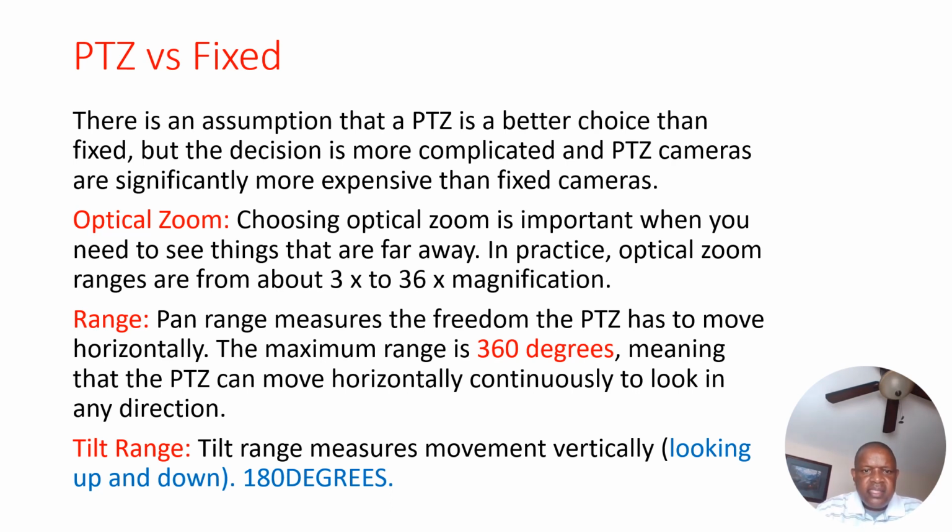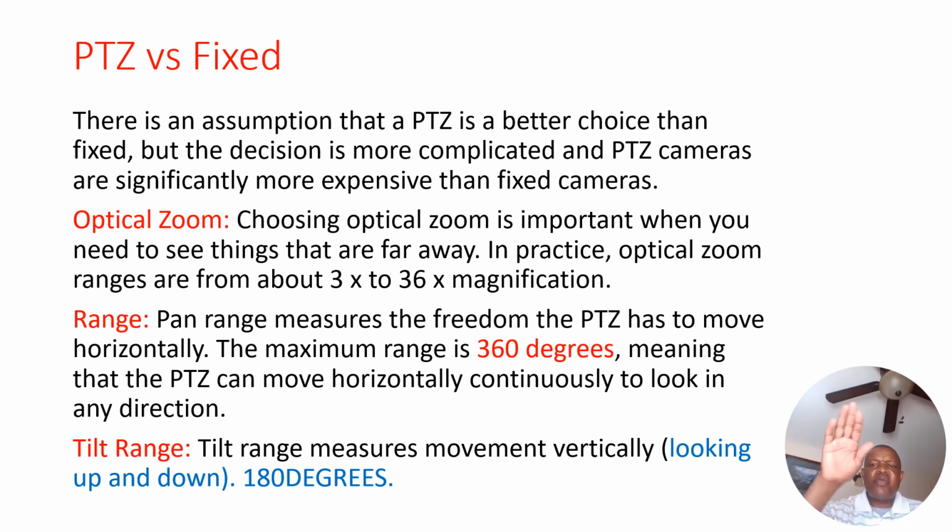Range. Pan range measures the freedom the PTZ has to move horizontally. The maximum range is 360 degrees, meaning that PTZ can move horizontally continuously to look in any direction. And then tilt range measures movement vertically, looking up and down. So pan is looking horizontally, 360, but tilt is looking up and down, which is 180 degrees.